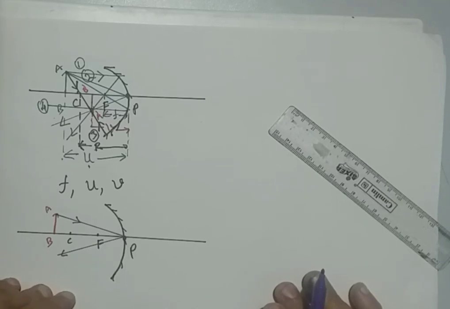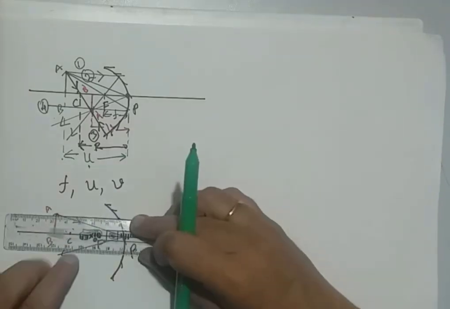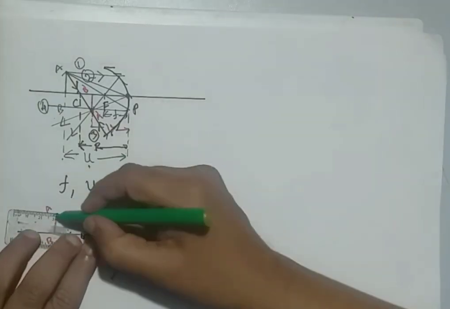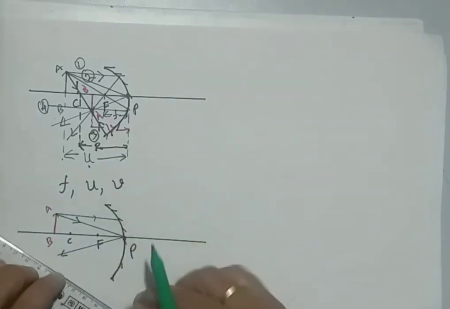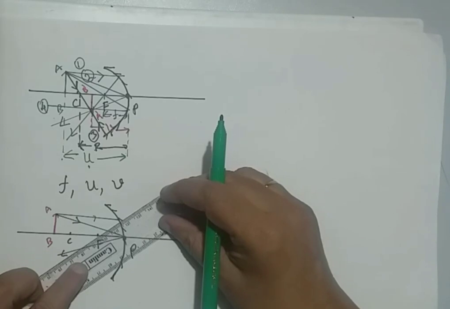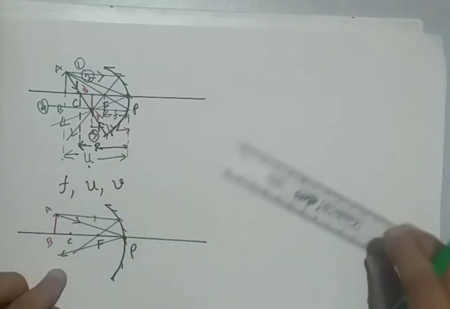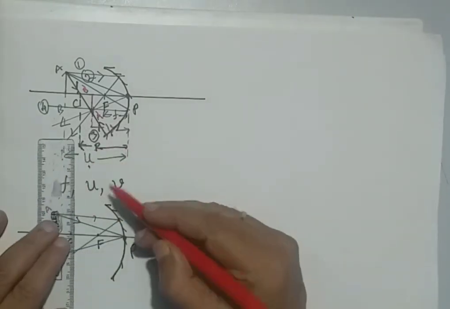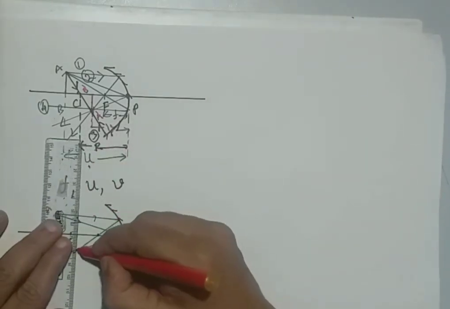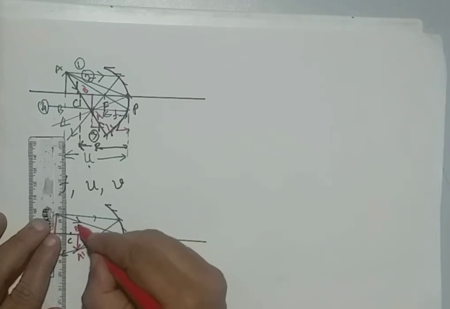Second one, the light ray falling on the mirror from the parallel beam like this, and it passes through focus like this. So this is the image point. Now we write the image here, A dash, B dash.